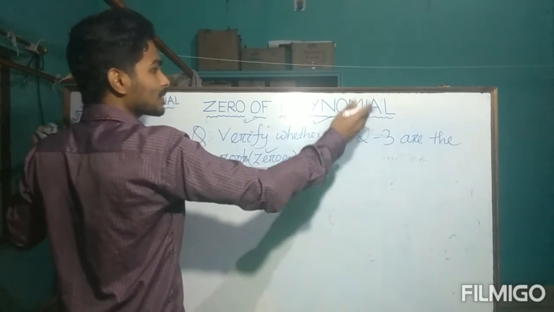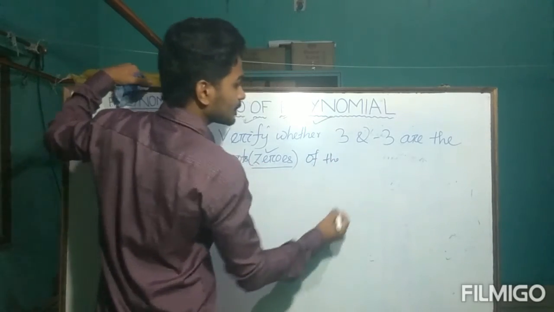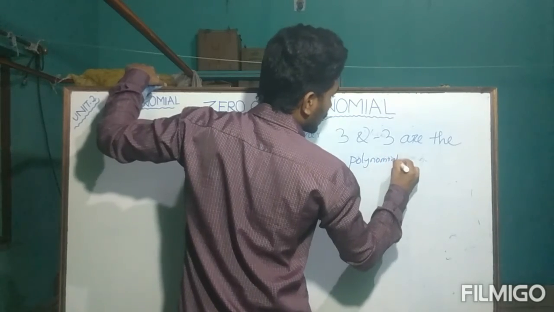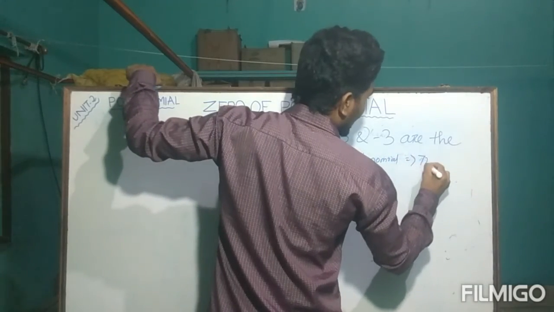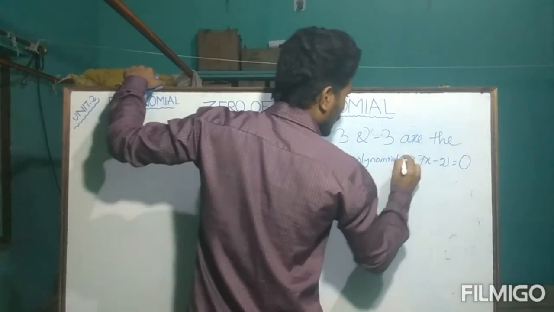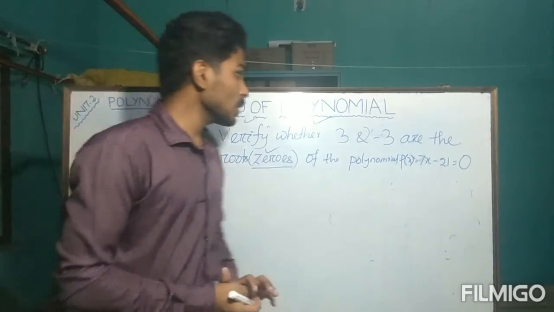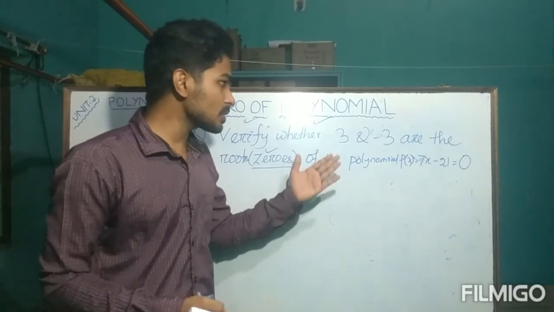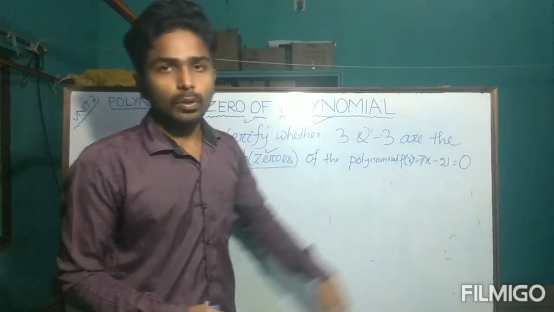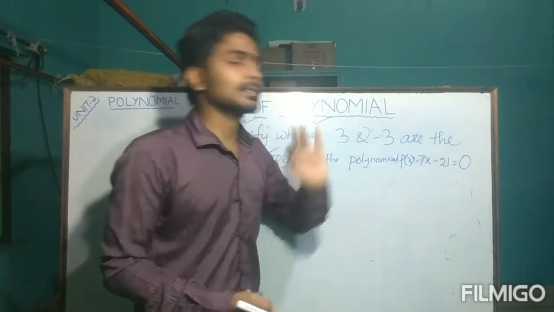Verify whether 3 and minus 3 are the zeros or roots of the polynomial 7x minus 21 is equal to 0. The polynomial can be written as p of x. Clear? So here we have to judge whether 3 and minus 3, the values of x, are the 0.